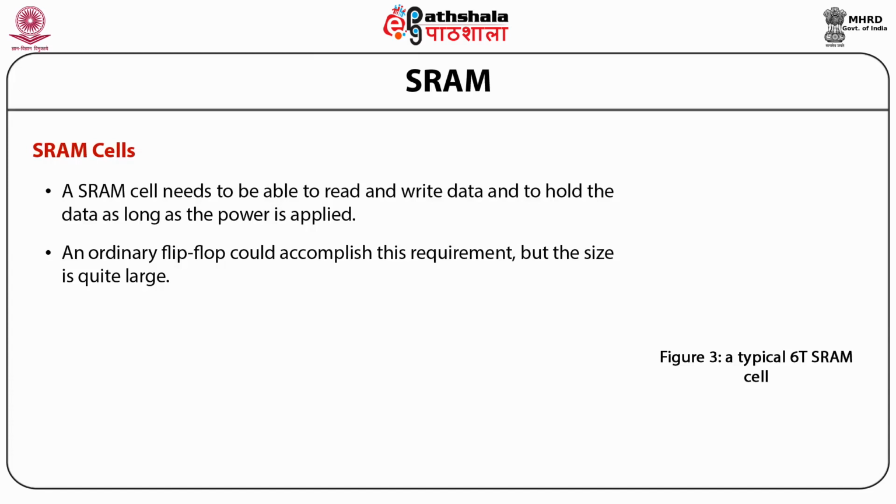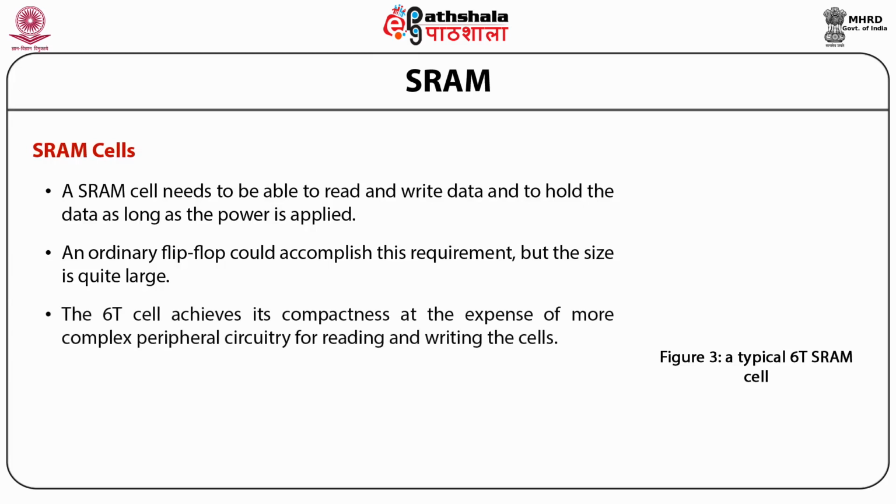A typical 6T SRAM cell is shown in this figure that can be an order of magnitude smaller than a flip-flop. The 6T cell achieves its compactness at the expense of more complex peripheral circuitry for reading and writing the cells.